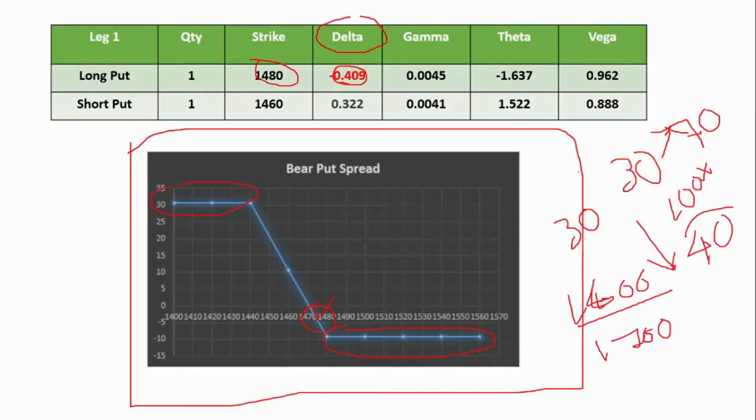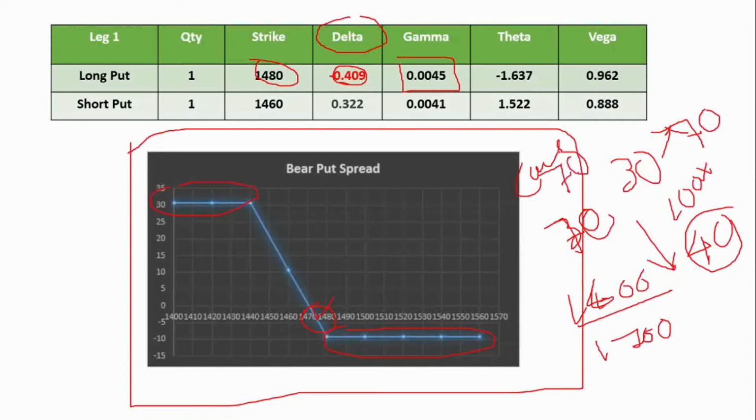It will increase 40 points, so the new premium would be 70 when the price is at 1,700. Okay, so what is the gamma? Gamma captures the rate of change in delta by the underlying.